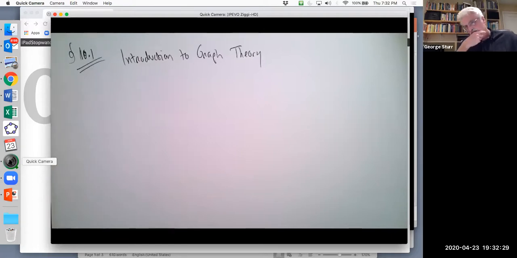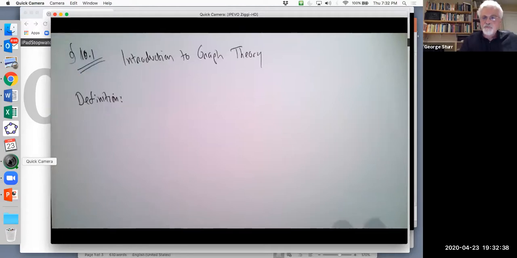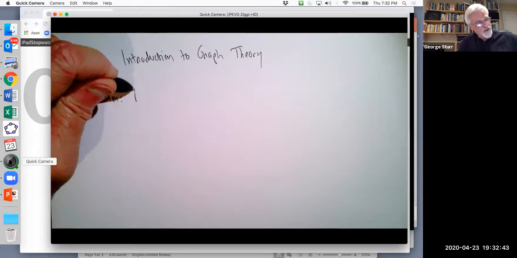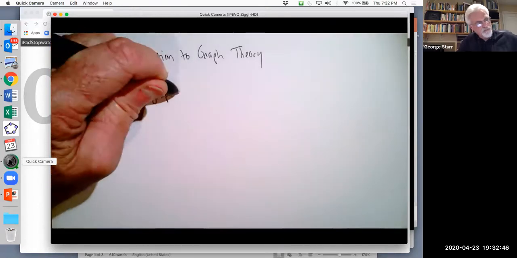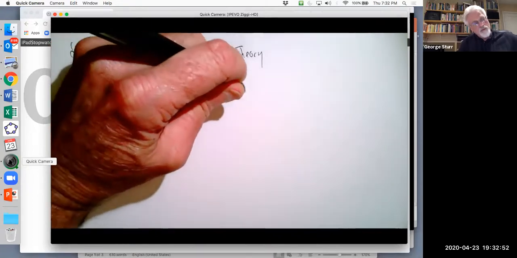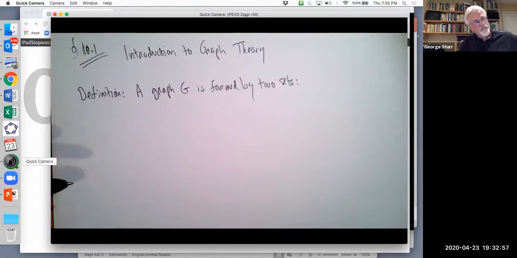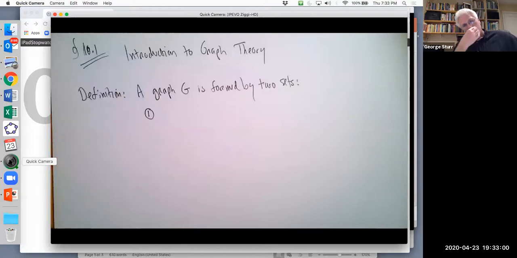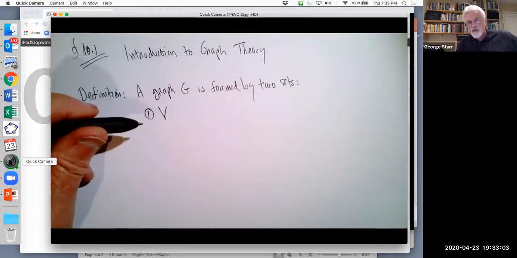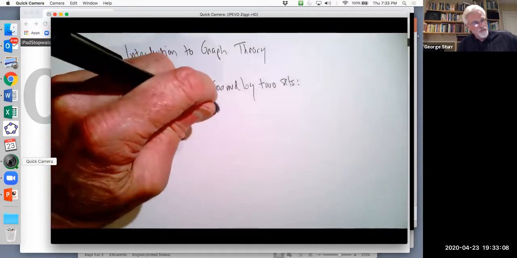All right. Intro to Graph Theory. Basic definition. Any graph in general, G, is formed by two sets. Number one, set V, and we indicate it this way, V of G, which is a set of vertices.